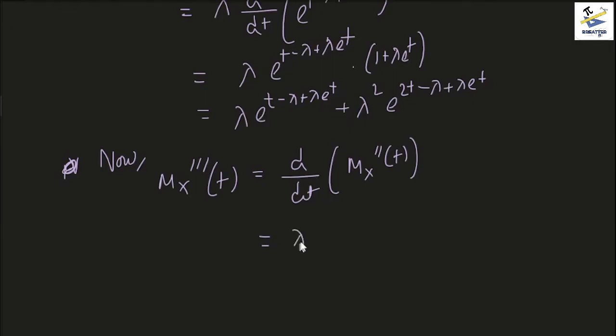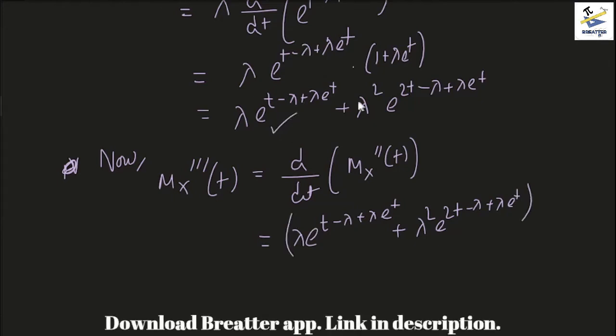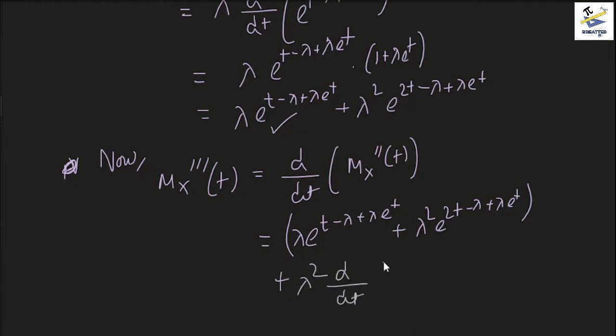So we already have lambda e to the power (t minus lambda plus lambda e to the power t) plus lambda squared e to the power (2t minus lambda plus lambda e to the power t). This would be the answer only for the derivative of the first term, because this basically is the derivative of M_X(t). And for the next term, we have lambda squared into d/dt of e to the power (2t minus lambda plus lambda e to the power t).